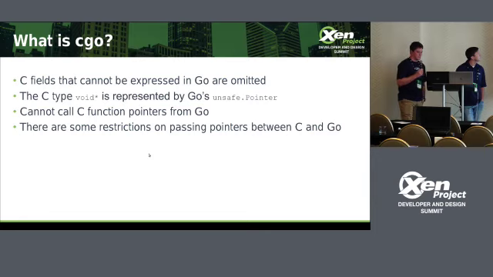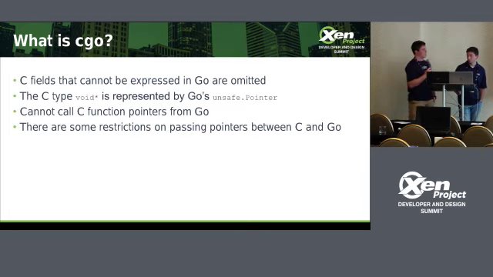For a few more details, some things just can't be expressed in Go because it just doesn't quite make sense. For example, C's union type is not supported in Go in the general case, so it might just be represented by a byte array of the same size. And if a struct field in C cannot be represented in Go, cgo will just pad that struct to reach the next field in the struct or to reach the end of the struct.